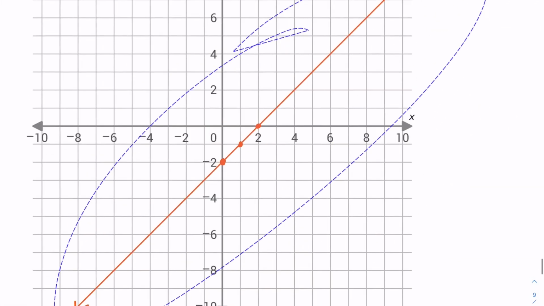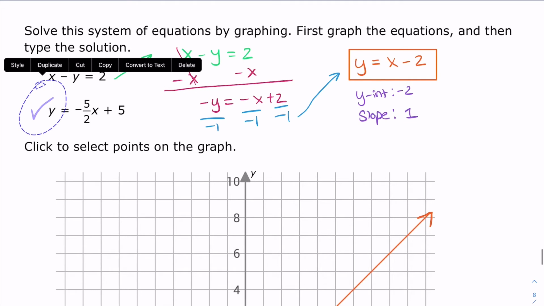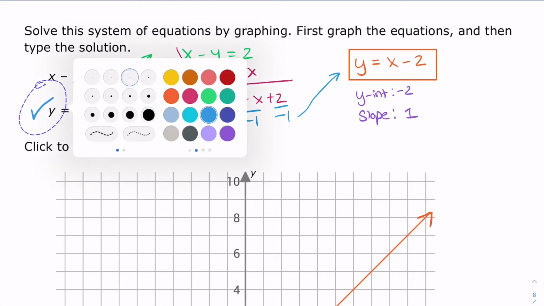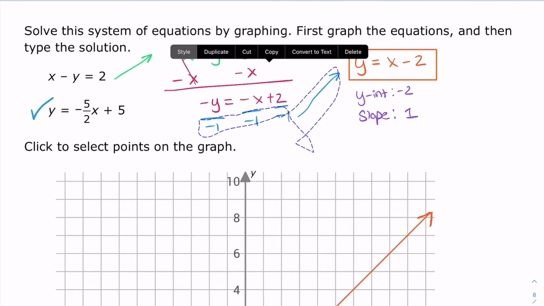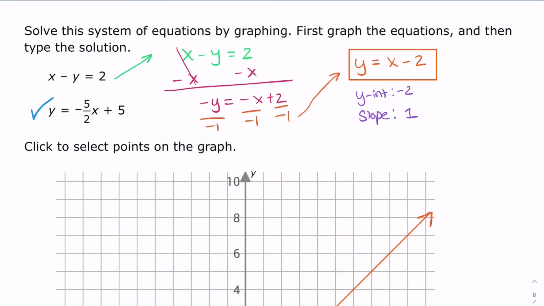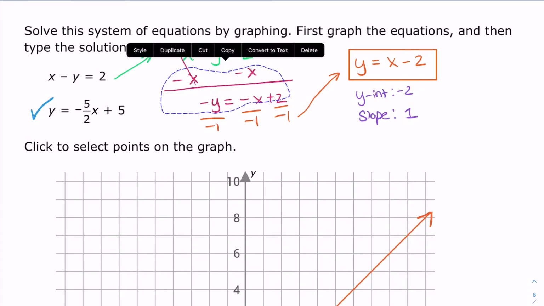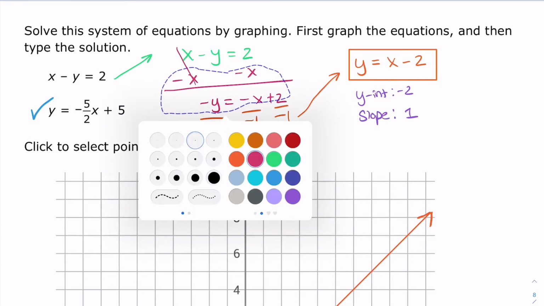So this other one I'll make blue. Okay. And I will just change, you know what, I'll change this to orange. Can't really see this now. Okay. Let's go with light purple.